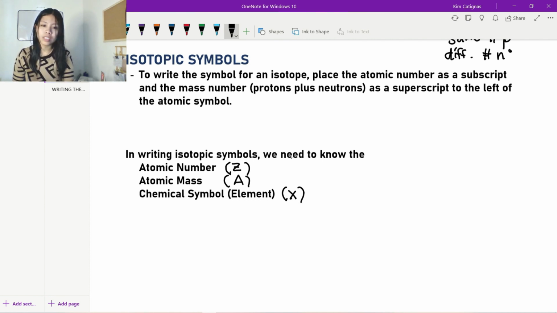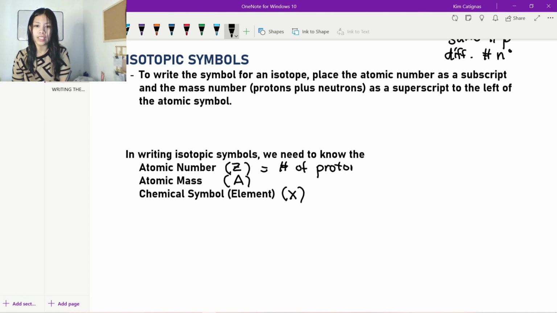Ngayon, napapansin niyo, si atomic number, kagaya ng inaral natin kanina, is equal to what? The number of protons. Tama? Number of protons in that atom. And kung ano man yung atomic number niya, kung ano man yung number ng protons ng element niya, it will never change. Alam niyo yan. So, ang atomic mass naman po, ano naman po siya?